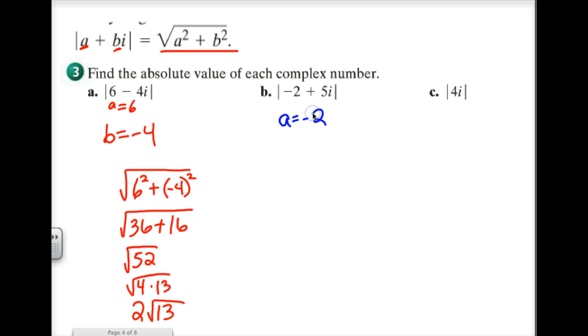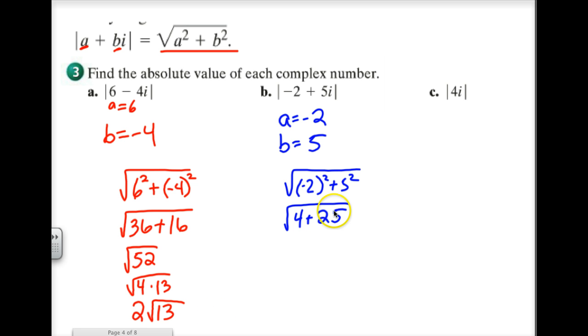A here is -2, B is +5, so I'm going to take the square root of -2 squared plus 5 squared. So it's the square root of 4 plus 25, and that would just give us the square root of 29. 29 is a prime, so it is just left like that.